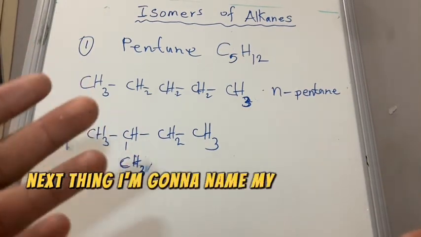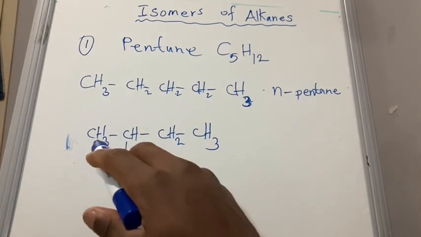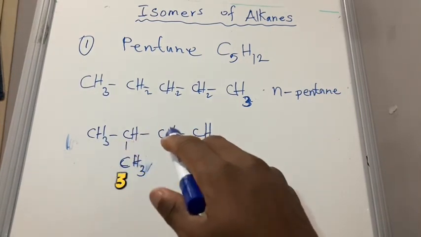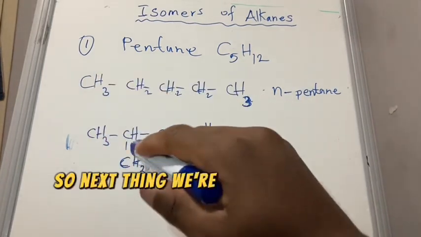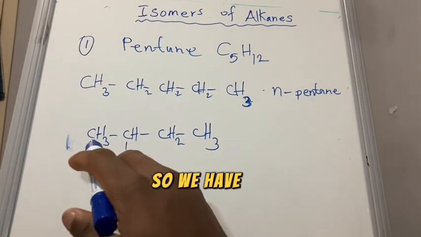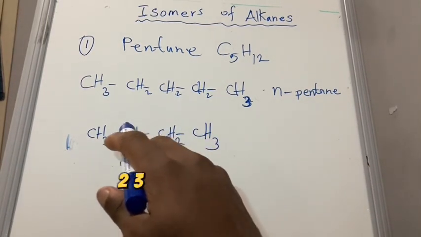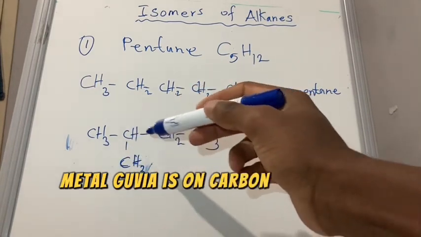Next, I'm going to name my second isomer. Remember my last video? We check the longest chain. 1, 2, 3, 4. 4 is the longest chain, and 4 is butane. The next thing is to identify the shortest side, the branch: 1, 2, 1, 2, 3. The methyl group here is on carbon number 2.